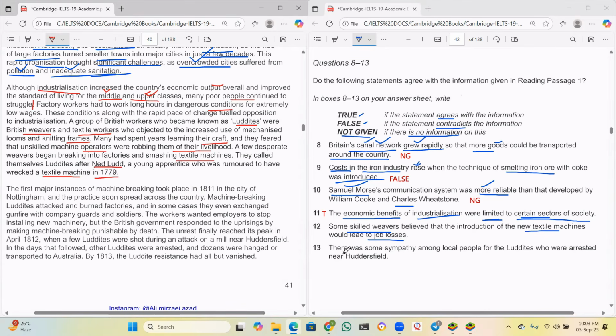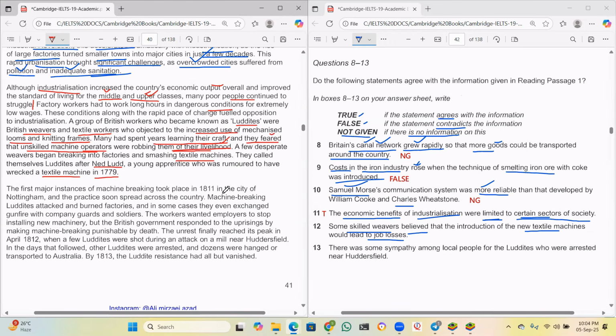So, what does he say? Some skilled weavers believed that introduction of new textile machines would lead to job losses. I think we read something about that right here. A group of British workers called Luddites objected to increased use of mechanized looms and knitting frames. Many had spent years learning their craft and they feared that unskilled machine operators were robbing them of their livelihood.